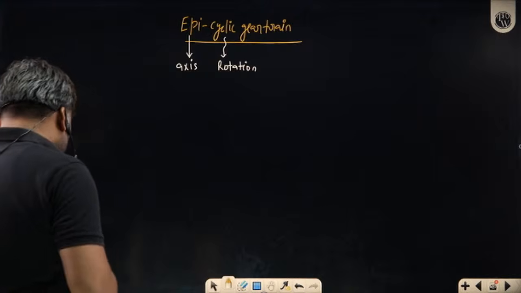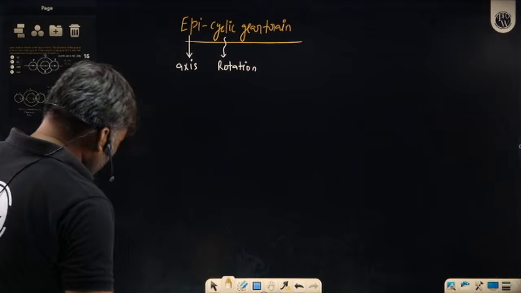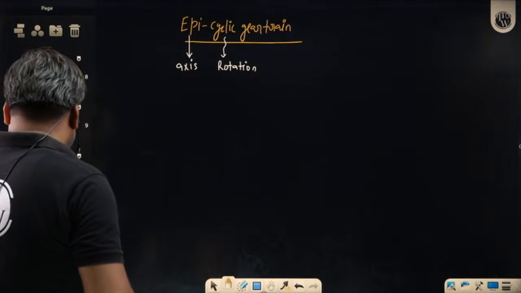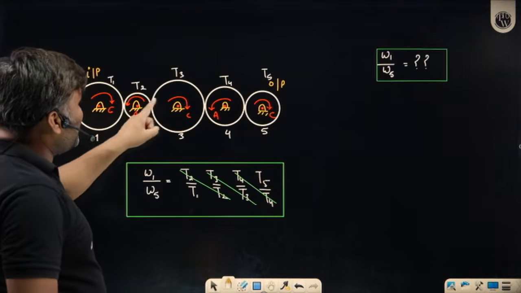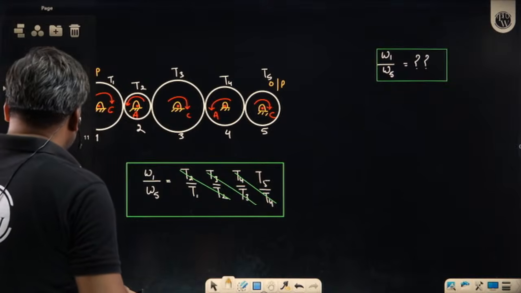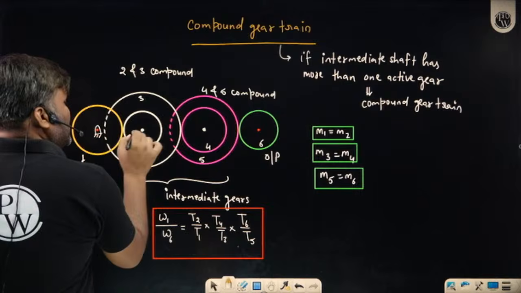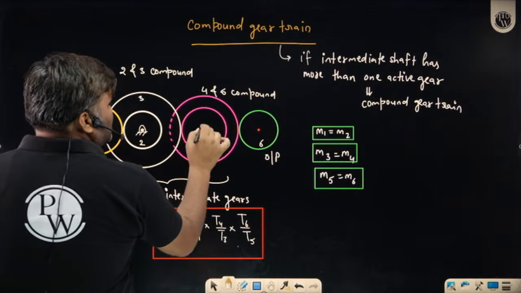Even in some cases where I have not shown it, the axes were fixed. Here I have shown gears rotating about a fixed axis. Here also gears are rotating about their fixed axis.